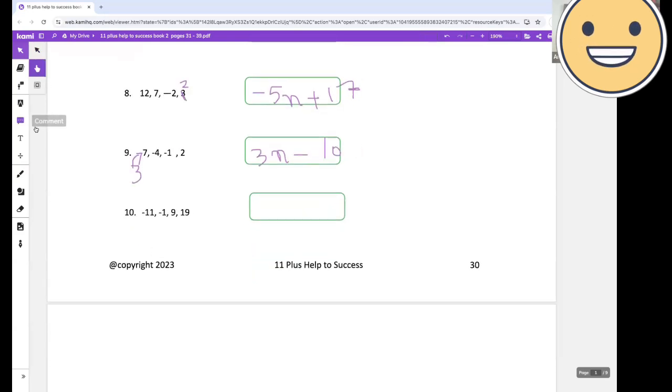Raise your hands if you have not got your turn here. So we could do that. We might give you a turn to do it. Again, you will need to find the sequence for this one to see how would you go from minus 11 to minus 1, then 9 to 19.